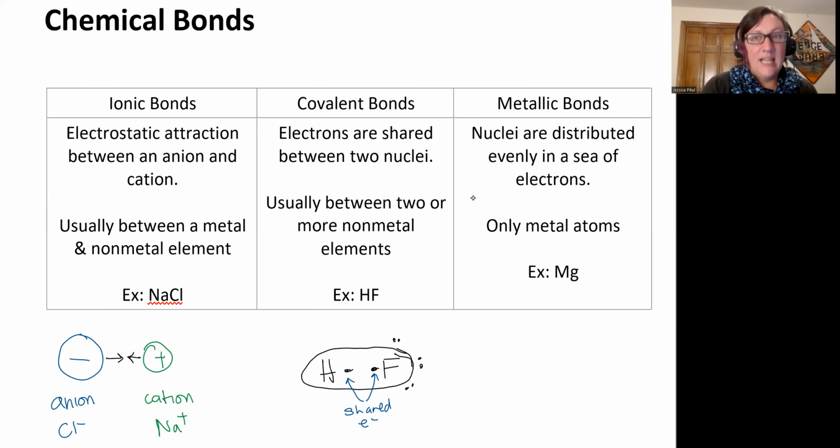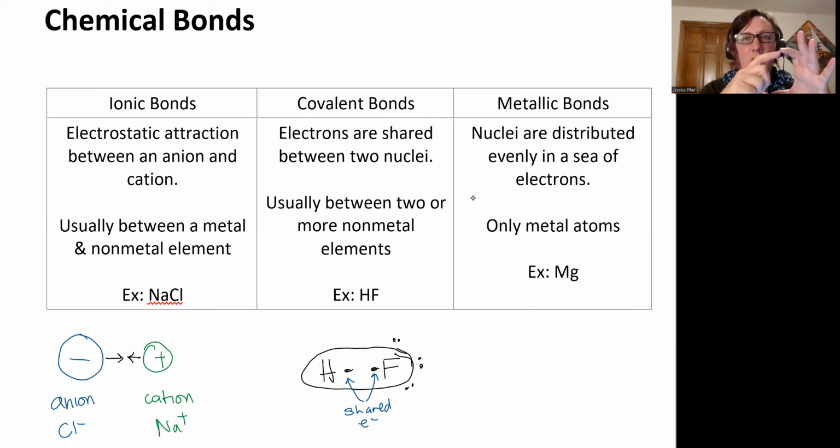Now, metallic bonds, we're not going to talk about very much, because we're focusing more on the organic chemistry that we find in cannabinoid compounds of the cannabis plant. But metallic bonds, just to complete our trio, really are atoms that are stacked up in an order, and you get this picture where it's nuclei that are evenly distributed in a space, and the electrons around them kind of just bleed into each other.